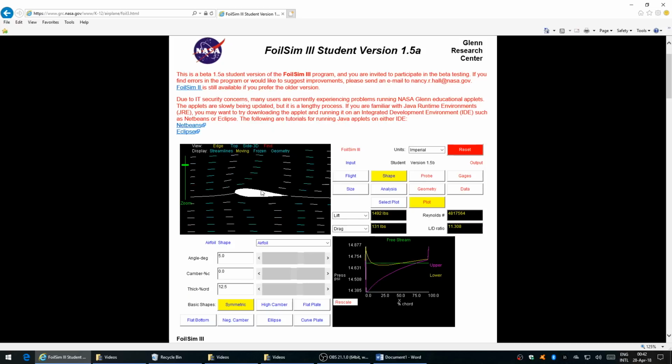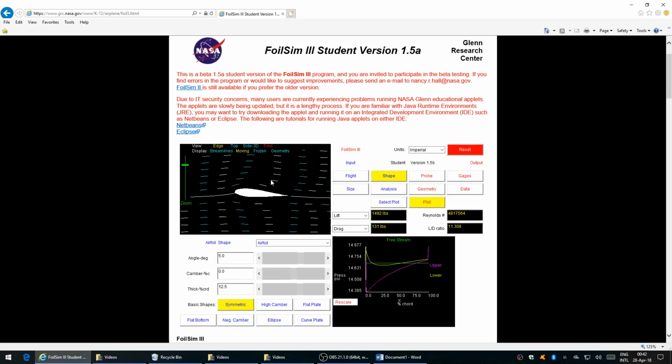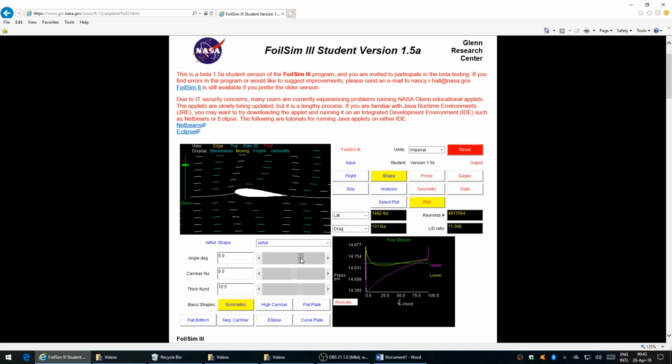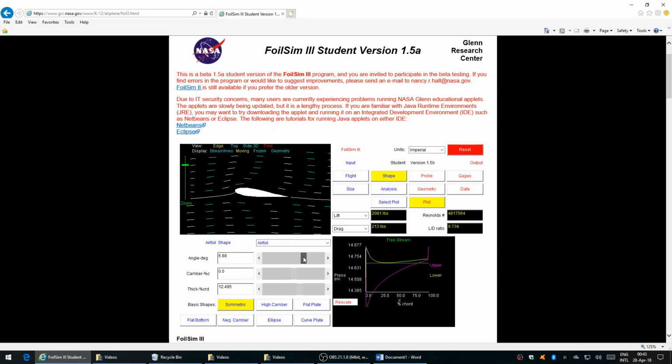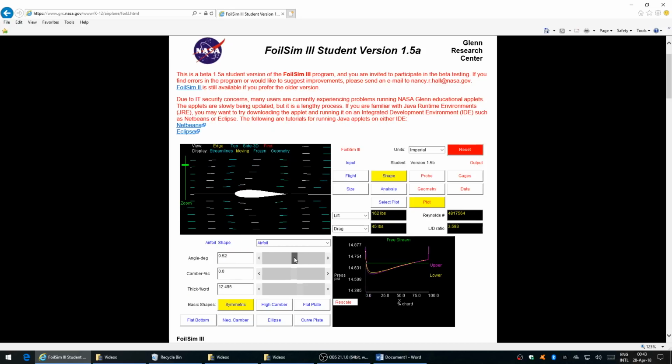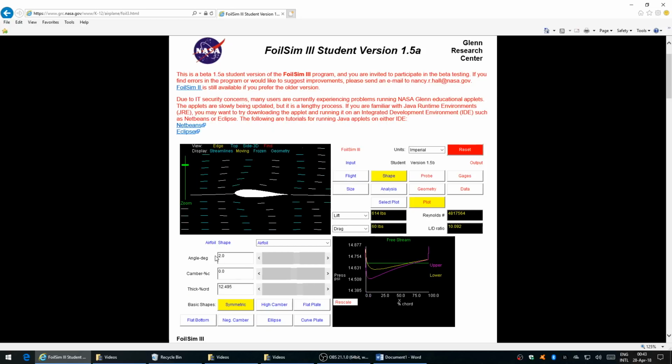This is the aerofoil. The streamlines are showing how the air is flowing below and above the aerofoil. Now, with these sliders, we can in real time adjust the angle of attack, and you can see the angle of attack value is displayed here.